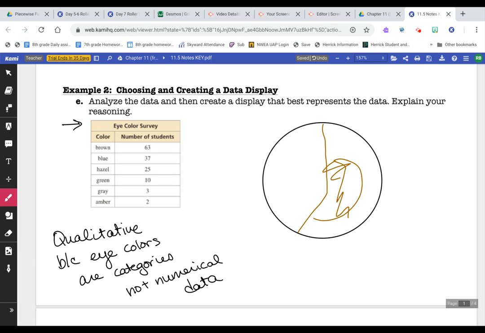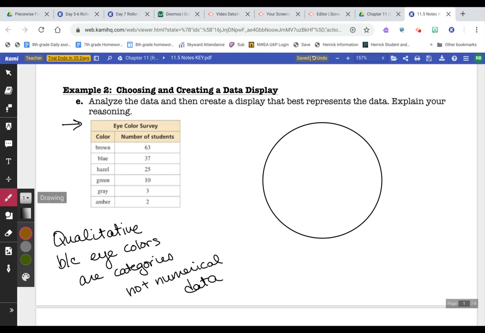You're going to run out of room because the first thing you need to do is figure out how many students actually took this survey. That way of thinking the way I just explained would work if you had 100 students taking the survey, but we have more than that. When you add up 63, 37, 25, 10, 3, and 2, you end up with 140 students total.